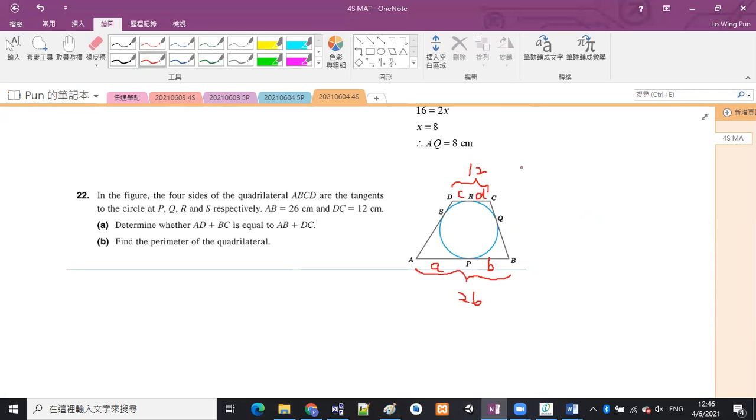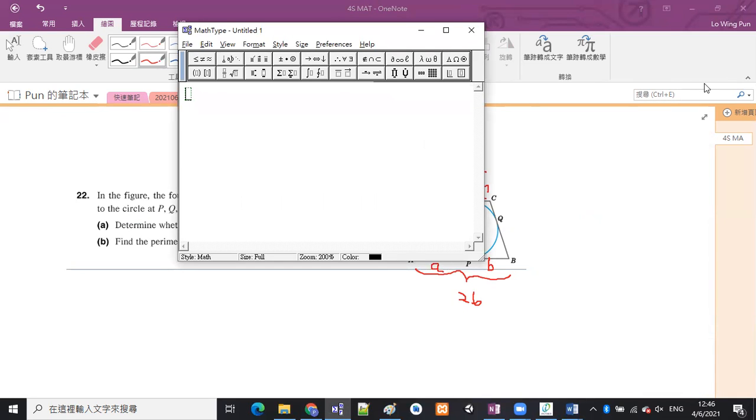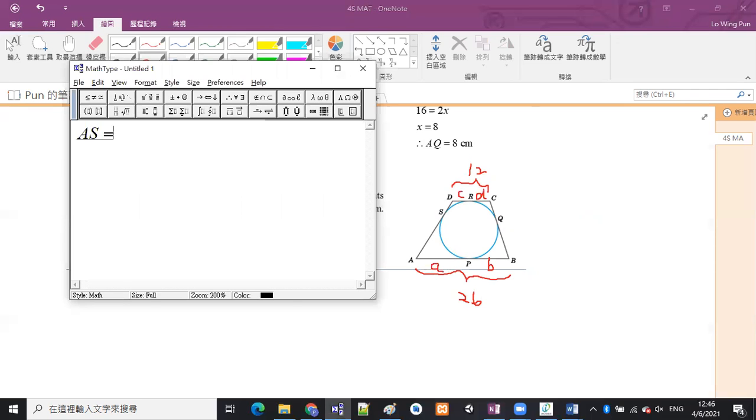Okay. And then we know that AS is equal to AP, and DS is equal to DR, BQ is equal to BP, CQ is equal to CR. So all of them are tangent properties.